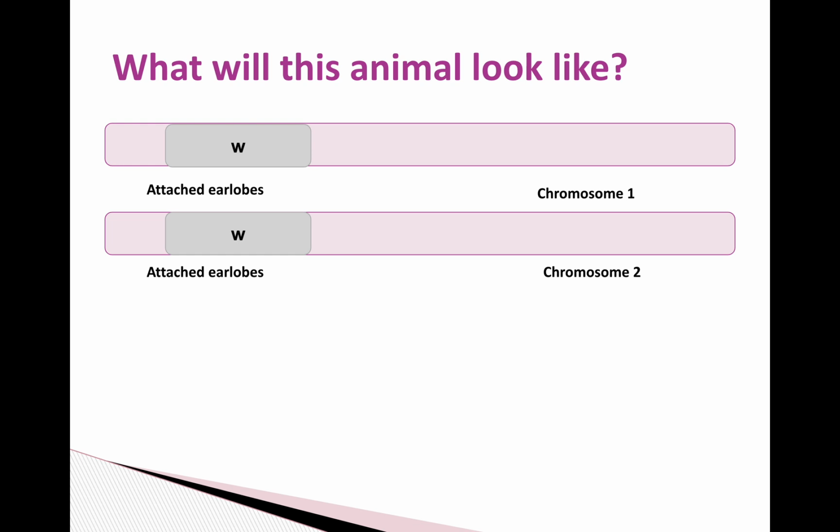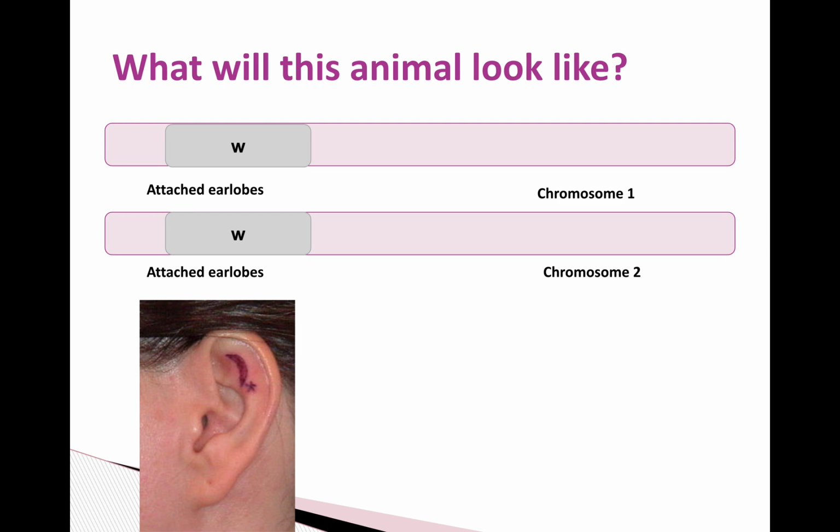Okay, so for this, I've used W to highlight. You have to make it really clear between your capitals and lowercase letters. Now this is attached to your lobes, and it's attached to your lobes both times, and these are small W's. So what will this person look like? Well, there is no dominant letter, but they've got attached and attached, so of course they're going to be attached.